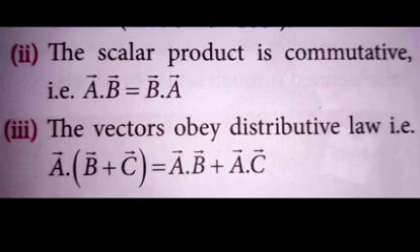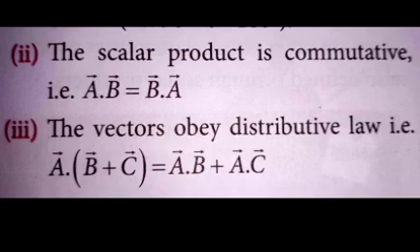Second property, the scalar product is commutative. That is, a vector dot b vector equals the reverse of the left side, that is b vector dot a vector. So the scalar product has the commutative property. Third one, the scalar product obeys the distributive law.